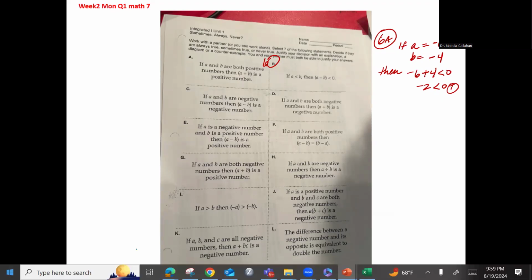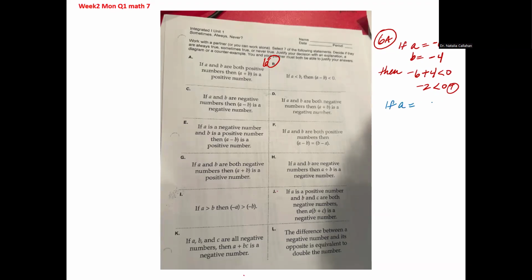So that's true. Okay, if I use 2 positive numbers, if A is 2 and B is 3, then A minus 3 is, it's still true so far, right?